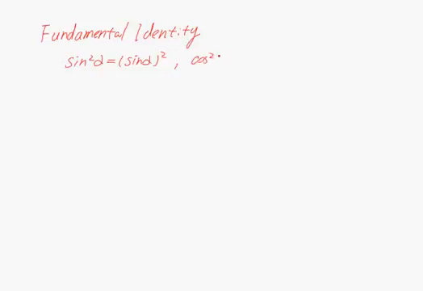Now, let's look at the fourth and also the most important identity in trigonometry. It's called the fundamental identity. I told you I write the square of sine alpha in such a way; this is the same as the square of sine alpha. And similarly, you have the square of cosine alpha.